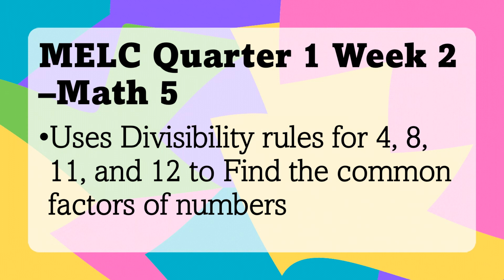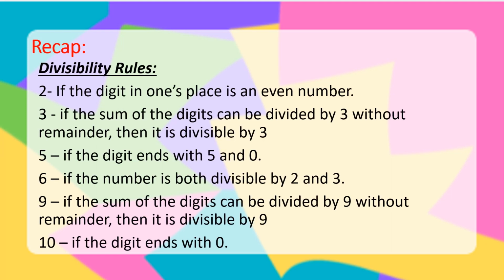So let's begin. Let's have first a recap of what we have studied last time. It's all about the divisibility rules for 2, 3, 5, 6, 9, and 10. A number is divisible by 2 if the digit in the one's place is an even number. It is divisible by 3 if the sum of the digits can be divided by 3 without remainder.